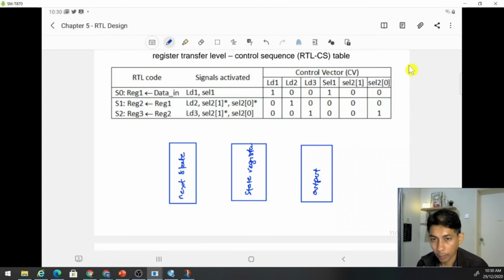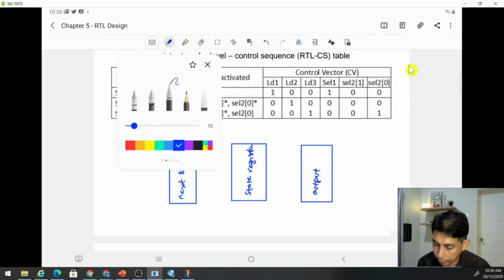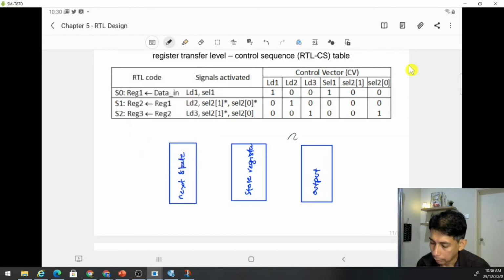All right. And the connection is just like this. And remember, you need to have the feedback here. And this is a Moore type finite state machine. Okay, and what is the size for this one? Of course, 2-bit.